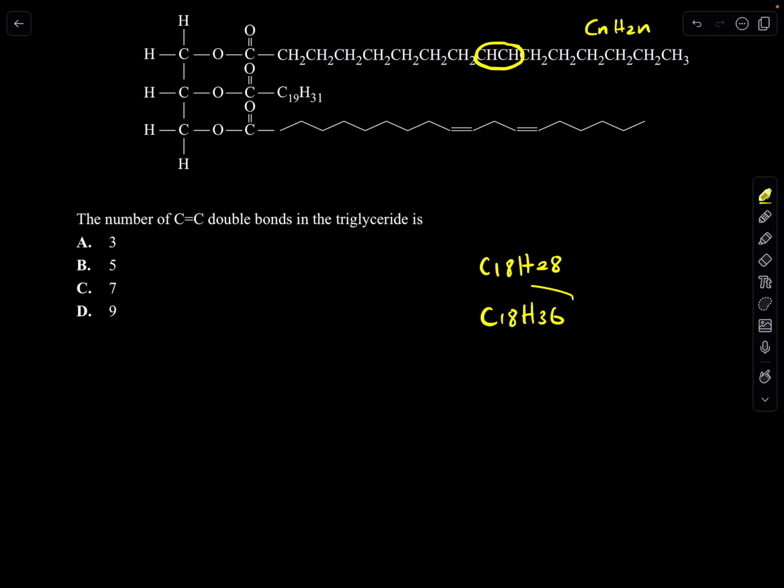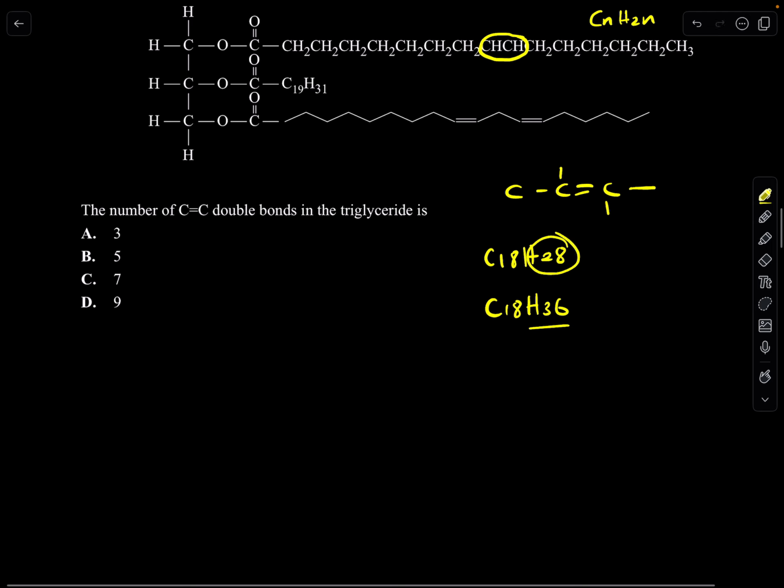Now this here is a big no-no, because it means we have double bonds, since it's not 36. But how many double bonds? When a double bond forms, we lose two hydrogens. So let's count the hydrogens to make it equal to 28.